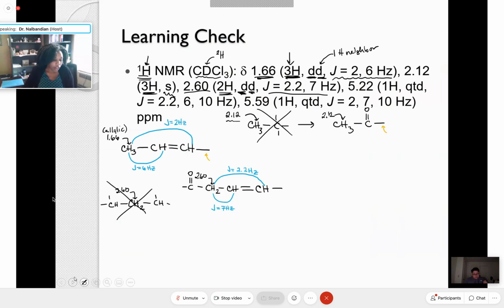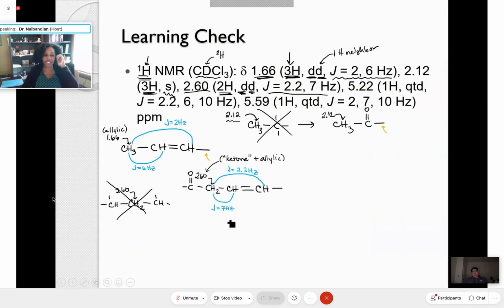All right, so we are looking at 2.60. We said that 2.60 is de-shielded because it is what we would call a ketone, but really right beside the double bond. It's also de-shielded because it is allylic. Both of those things are happening.